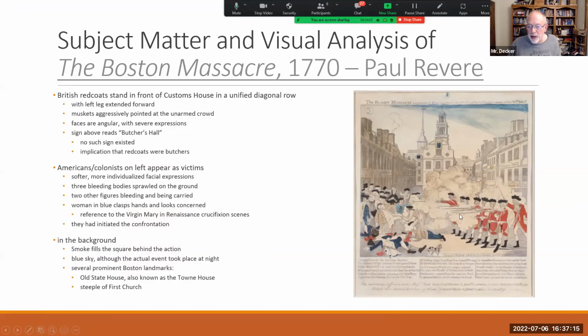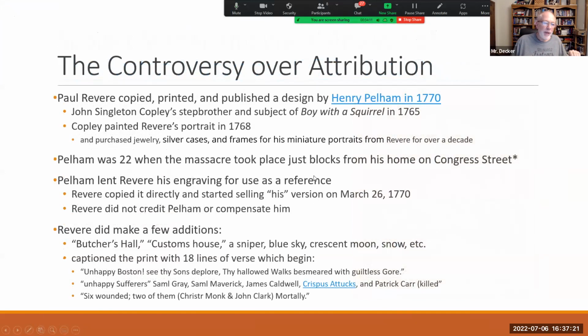Many of these prints are hand colored, and each one is slightly different in coloring. Paul Revere copied, printed, and published a design by Henry Pelham in 1770. Remember, Henry Pelham is John Singleton Copley's stepbrother and the subject of Boy with a Squirrel.